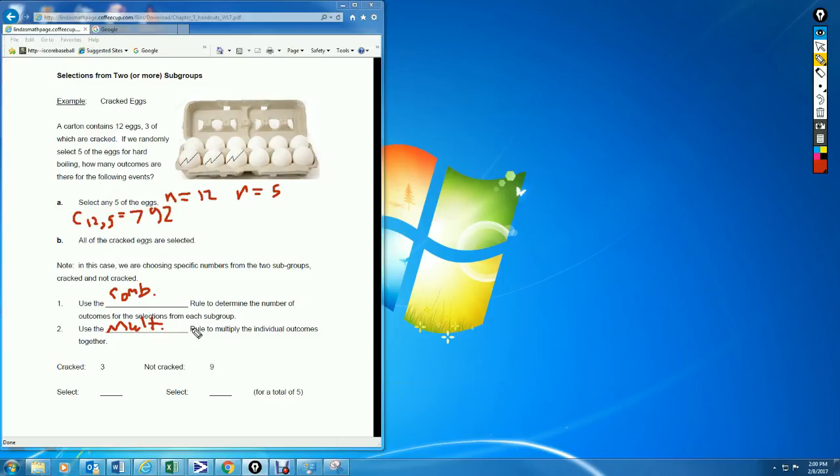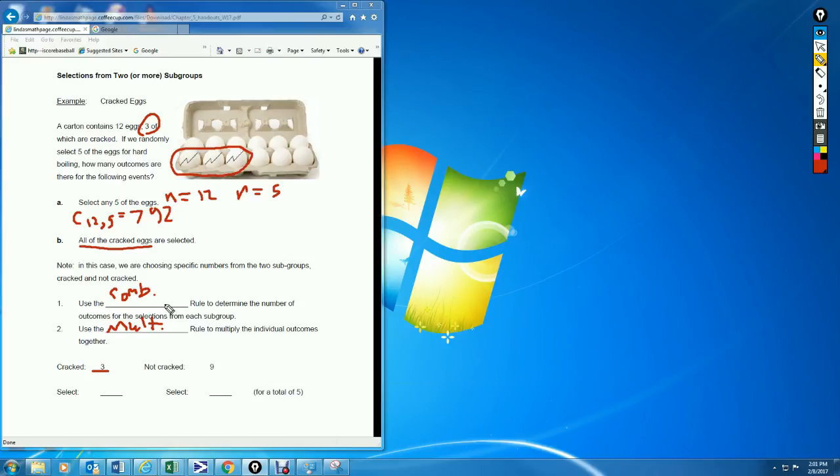All right. So I am saying that I'm going to select all of the cracked eggs. There are 3 cracked eggs. So in other words, I'm going to select 3 of the 3 cracked eggs. How many ways can I pick all 3 of the 3 cracked eggs?